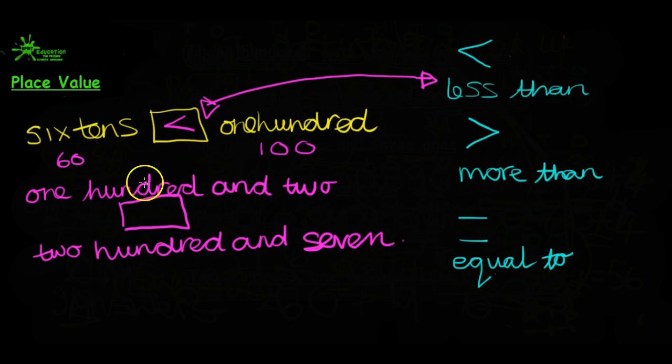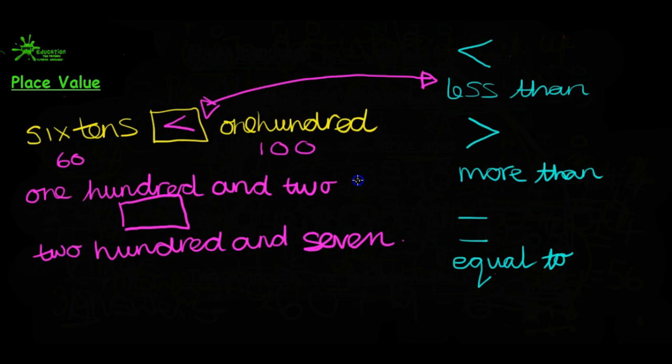Okay. Now again, it's a number sentence. So we need to use one of these symbols to add it into this box to make sure the number sentence makes sense. But first, let's write these numbers as numerals or digits.